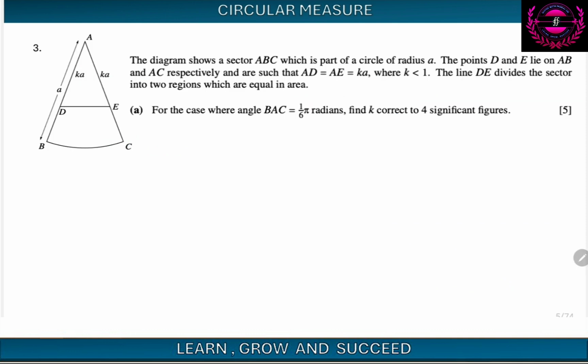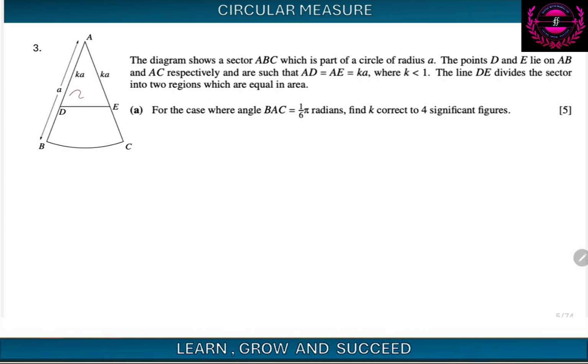Now read question number 3. The diagram shows a sector ABC which is part of a circle of radius A. The points D and E lie on AB and AC respectively and are such that AD equals AE equals KA, if K is less than 1. The line DE divides the sector into two regions which are equal in area.